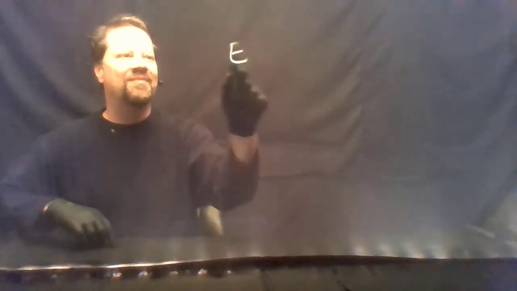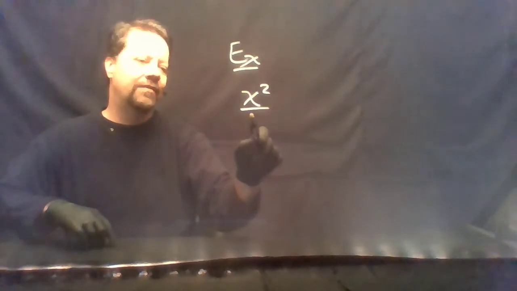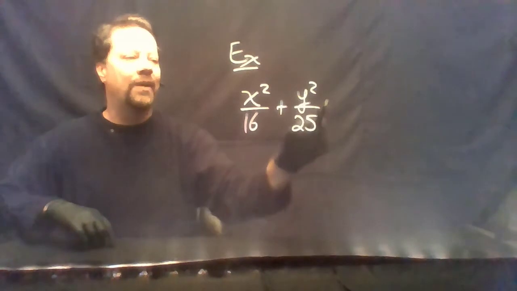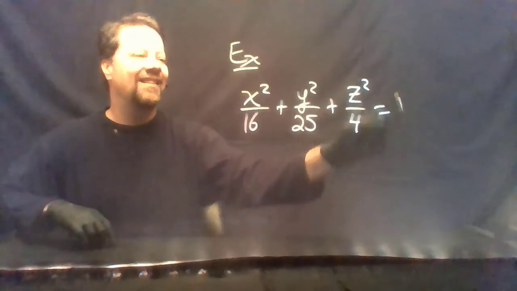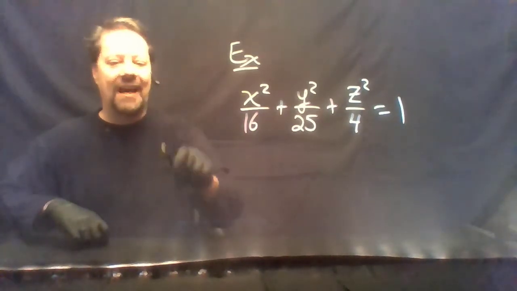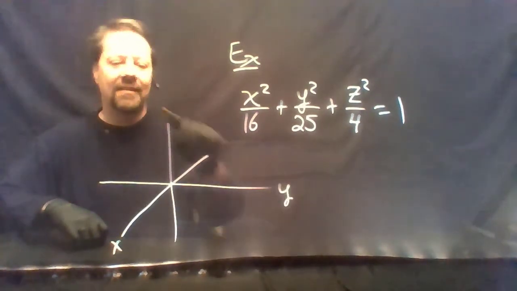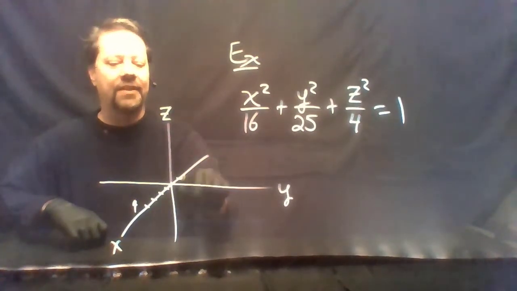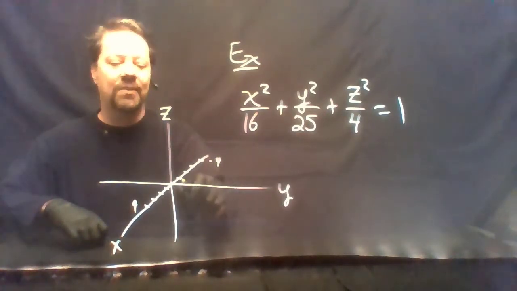So for example, suppose we have x squared over 16 plus y squared over 25 plus z squared over, let's say, 4 equals 1. This is an ellipsoid. How do we graph it? We'll go 4 units in both directions on the x-axis. On the y-axis, we'll go 5 units.